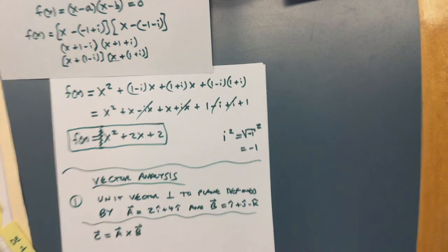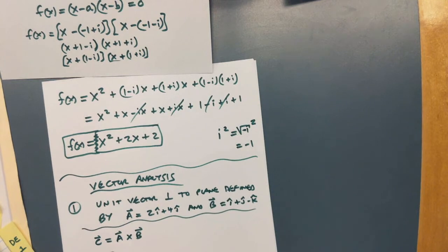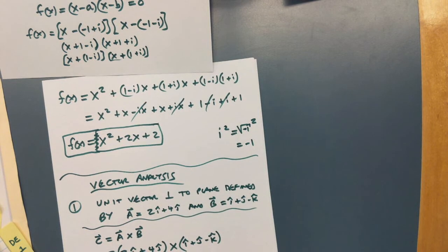And so A cross B means 2i plus 4j crossed with i plus j minus k.